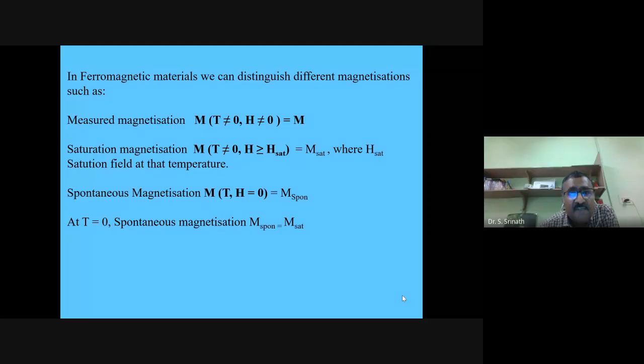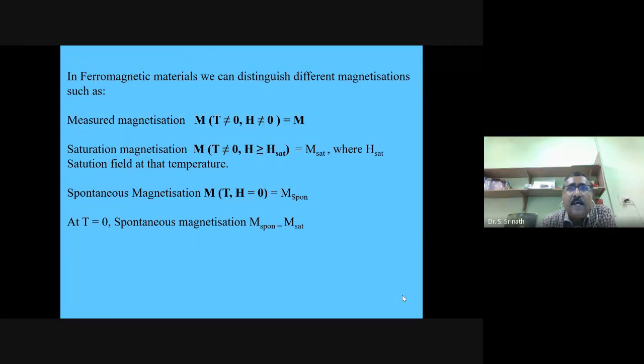On the other hand, if you decrease the temperature, because you are decreasing the thermal energy, the field required to saturate the magnetization will also be small. But nevertheless, the value itself, the so-called saturation magnetization, will not depend on temperature. This point is very, very important. The system will saturate when all the moments are oriented along a particular direction.